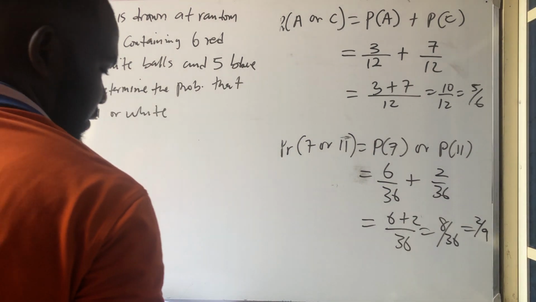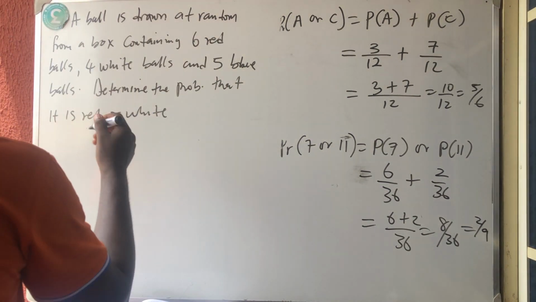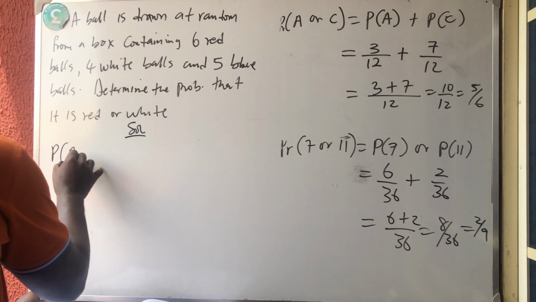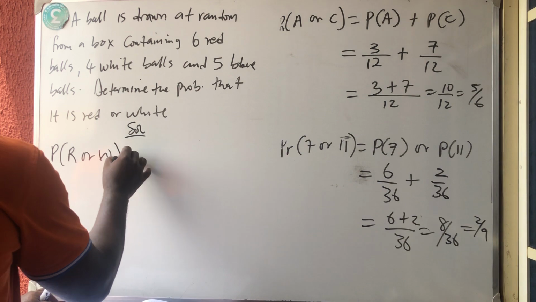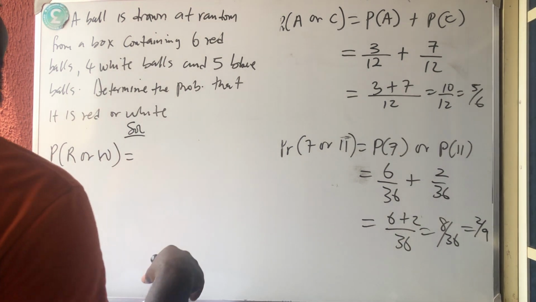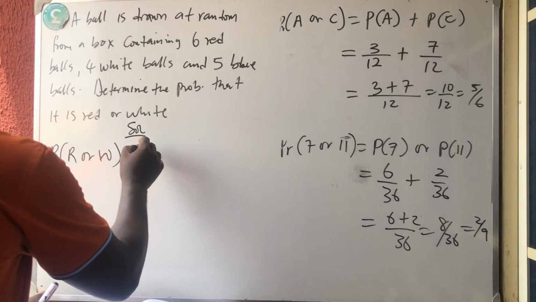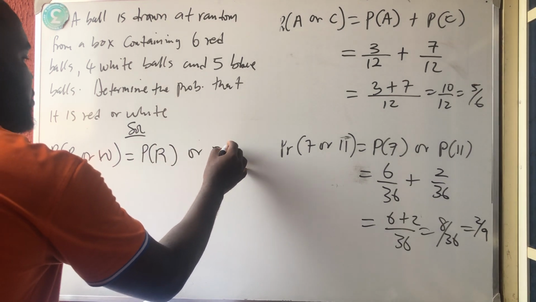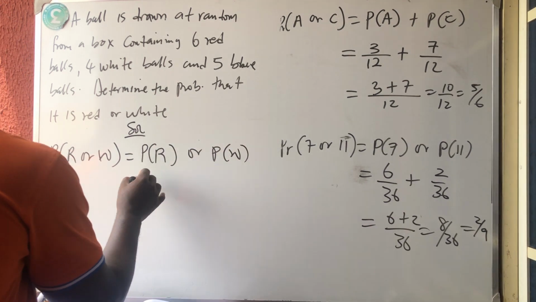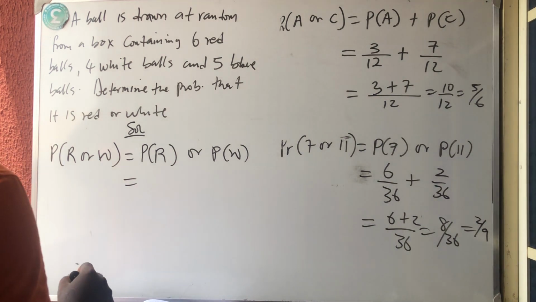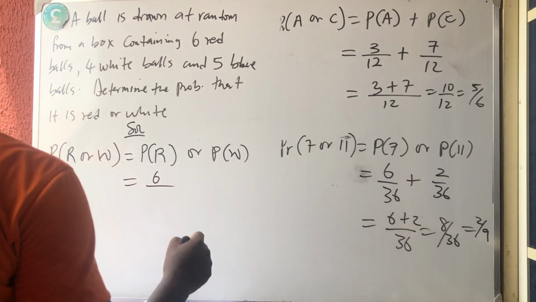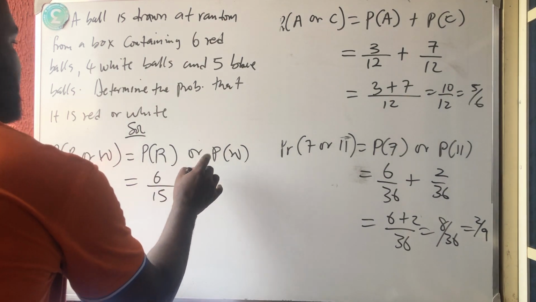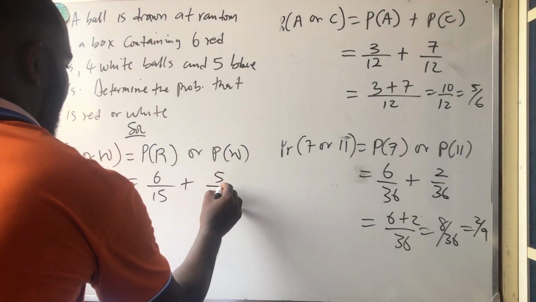Okay, now we want to determine the probability that it is red or white. Solution. You cannot pick something and that thing will be red and at the same time white. So they are mutually exclusive. So it's probability of red or probability of white. Probability of red is 6 over the total, which is 15, plus white 5 over 15.